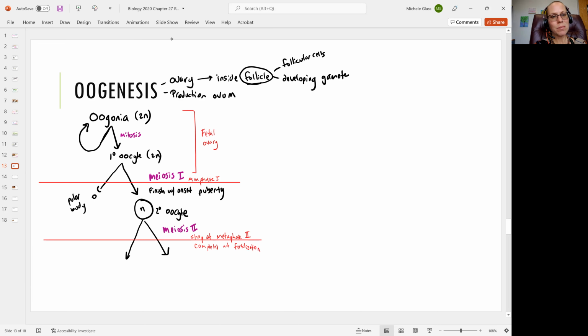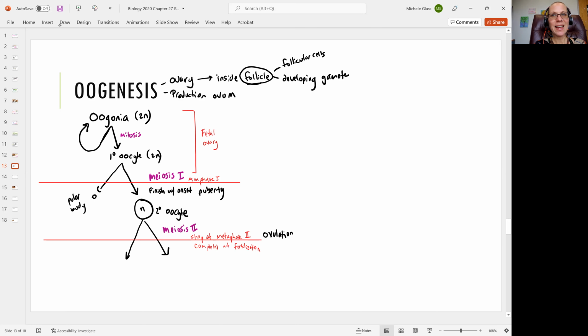So when we talk about a cell ovulating, we're ovulating a secondary oocyte that stopped at metaphase 2 of meiosis.